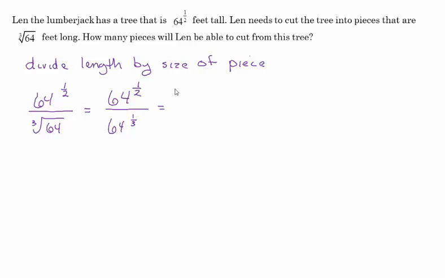When I divide, I subtract my exponents, so that's going to be 1/2 minus 1/3. I need common denominators, and luckily we just did those, so that'll be 3/6 minus 2/6. So that is going to be 64 to the 1/6.